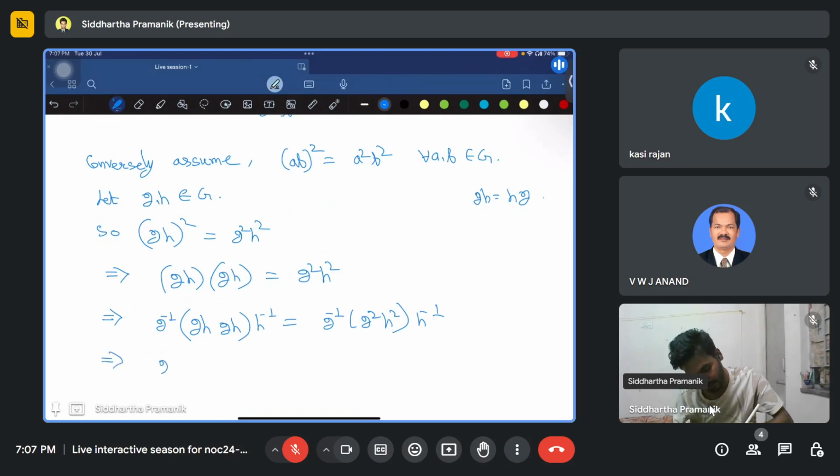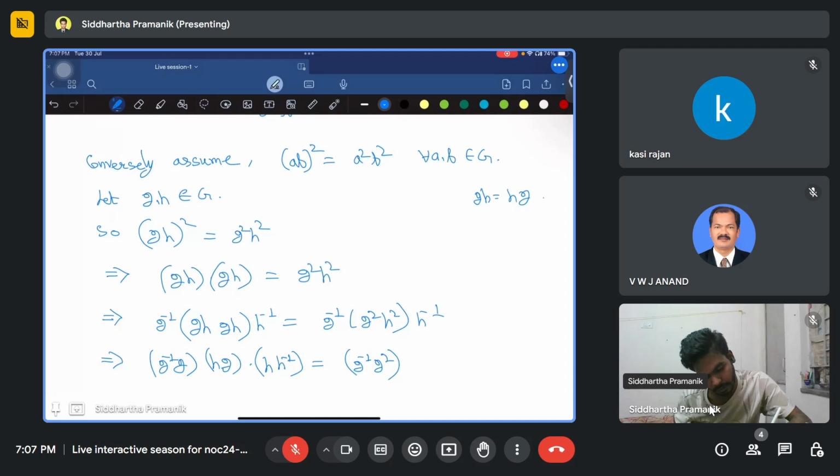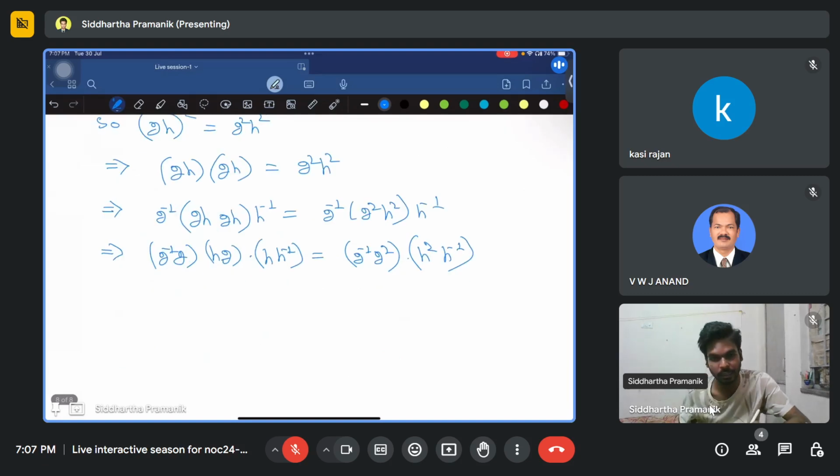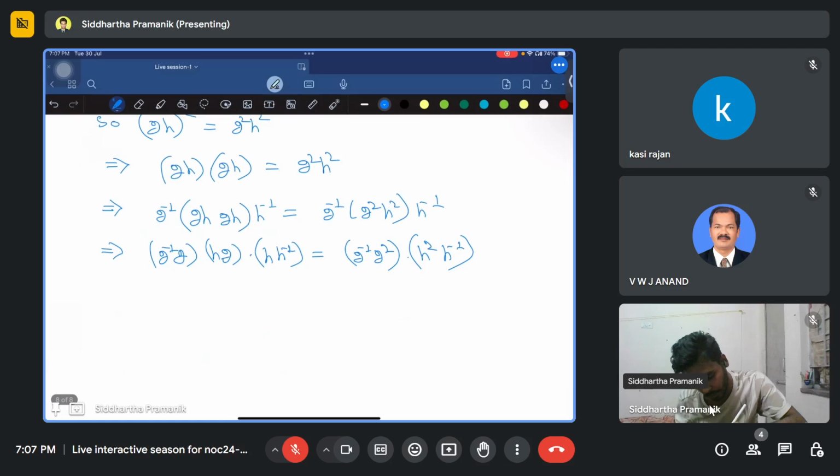So this is g inverse g, hg, times h inverse. This is g inverse g squared, and this is h squared h inverse. Okay, so we are just arranging the brackets. Now let's see what happens. This element is the identity.